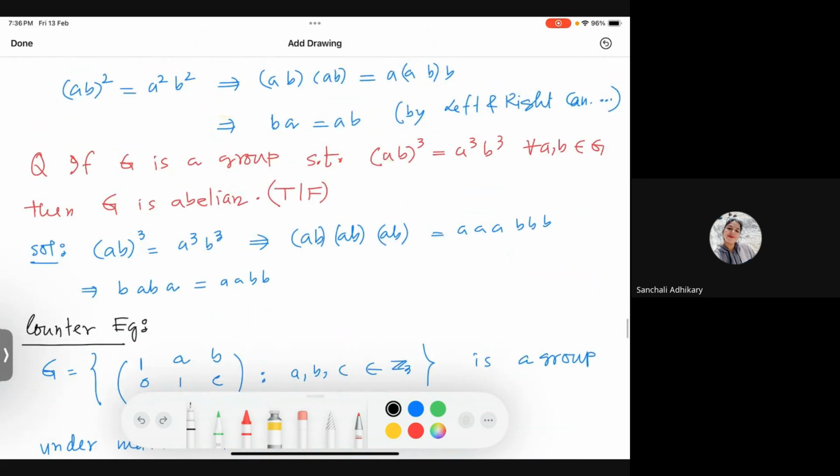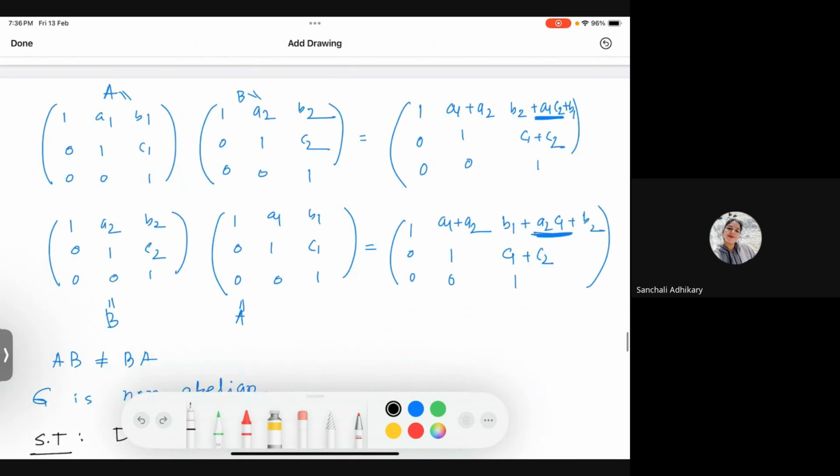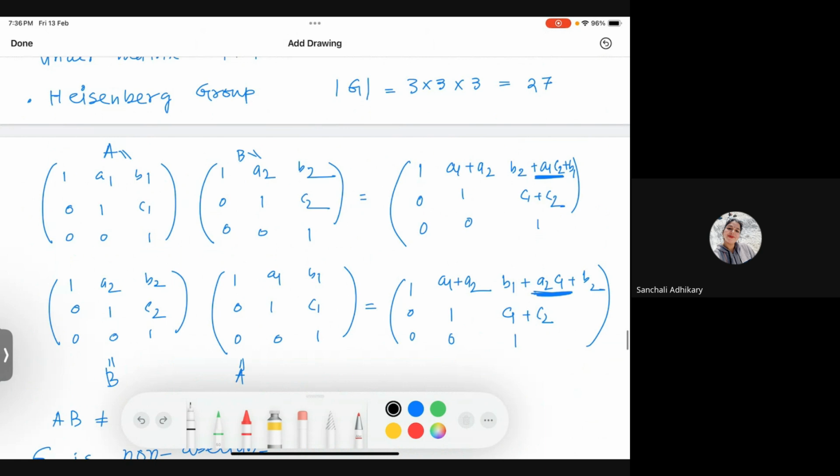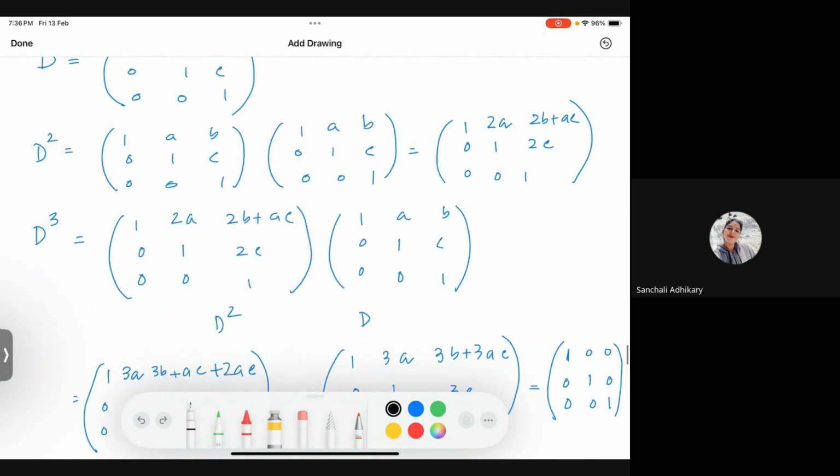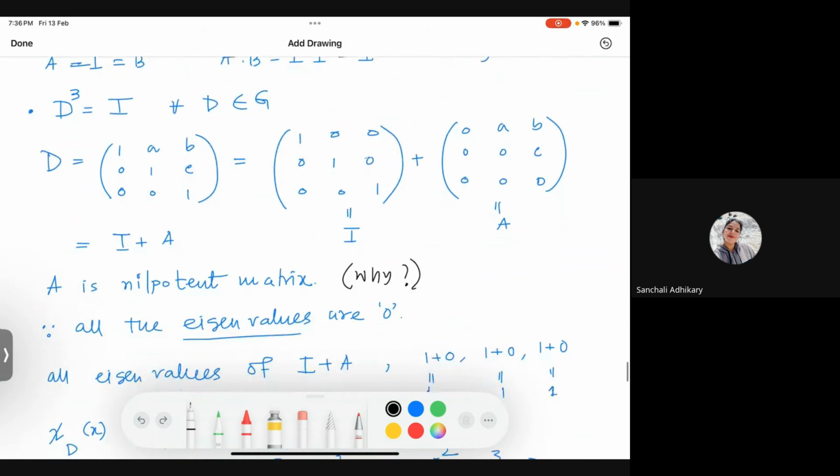For this group, (AB)^3 equals A^3 B^3. So in this example, first I calculated this in a long way, but after that I did it with the help of linear algebra.